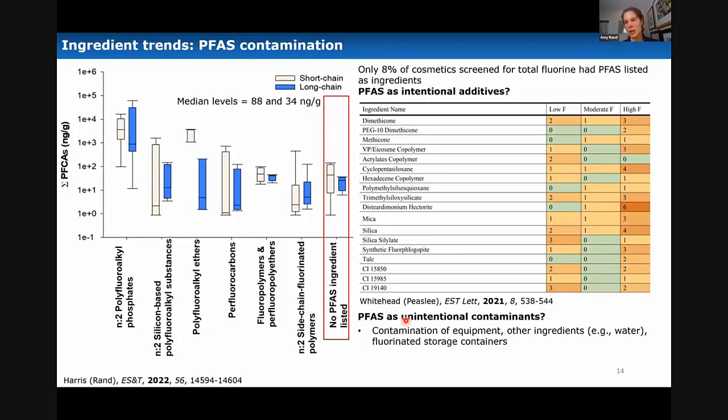PFAS contamination comes from a lot of different sources. And so it's known that equipment can be contaminated with PFAS. PFAS can come from potentially its presence in other ingredients like water, as well as the use of fluorinated storage containers. But again, these are all open-ended questions that have really yet to be answered with rigorous research protocols.